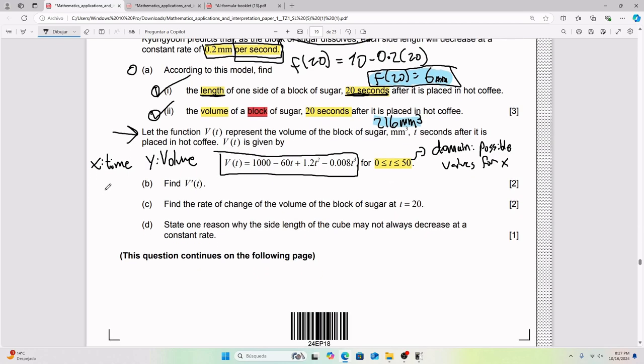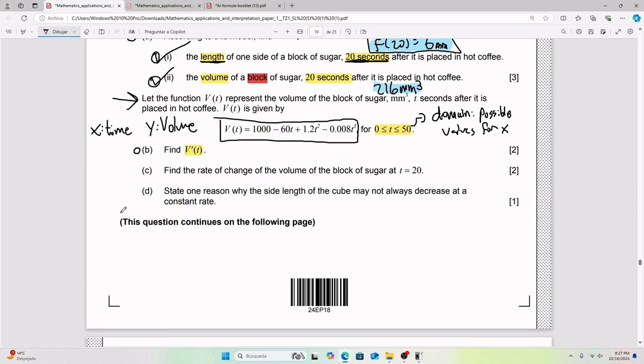All right, and so for part B, you need to find whatever this is. The functions that they can throw at you are 3 things. You can have f of x, which is the normal one. Then you can have this, which will be the derivative.